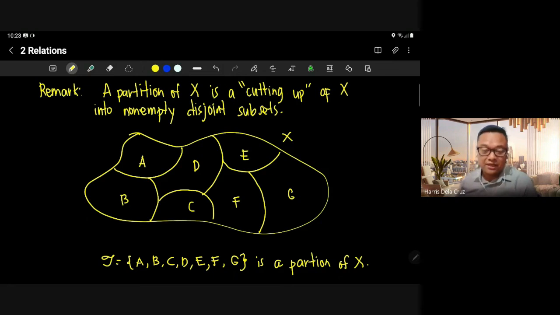So again, pag kinuha mo yung kada dalawang distinct subsets or elements of the partition, disjoint sila, walang common element. And then pag pinagsama-sama mo lahat ng nasa partition na yon, dapat makukuha mo yung buong X. So that's what we mean by a partition.